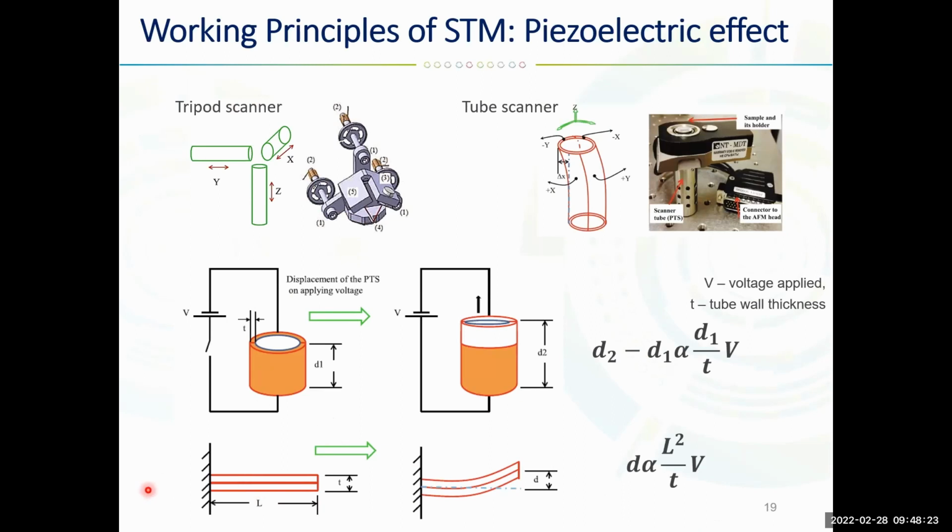So here is some sort of material, we apply some voltage, and then it will deform. That's the piezoelectric effect. The piezoelectric materials used in STM are various kinds, like lead zirconate or lead titanate ceramics, and there are different modifications of these materials.